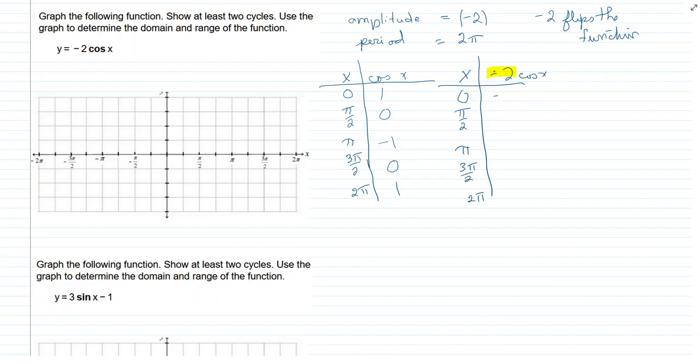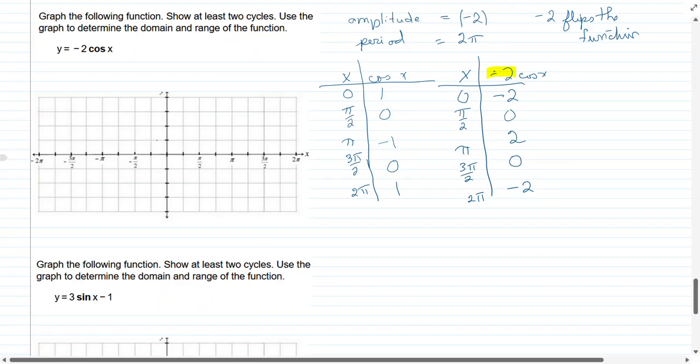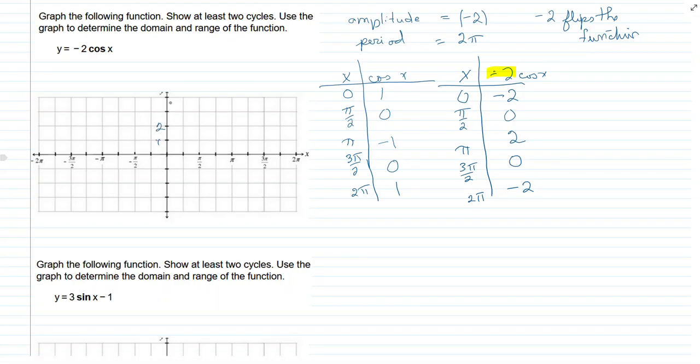So it would be a negative 2, 0, a positive 2, 0, and a negative 2. And you can see we flipped it. So I'm going to mark this as there are 2's. So this is going to be 1 and 2, negative 1, negative 2. Okay.